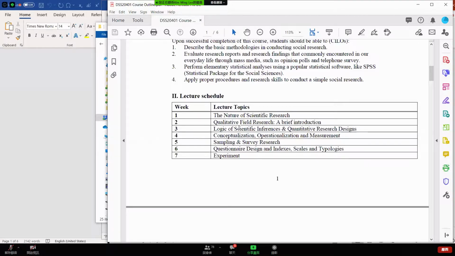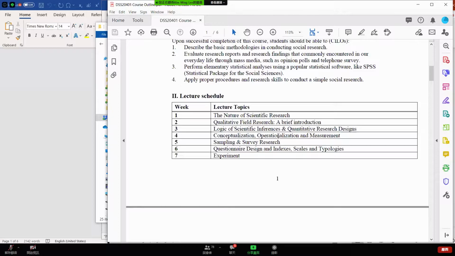And then in week 4, we will talk about conceptualization, operationalization, and measurement. That means how to come up with some concept, for example, political participation. What do you mean by political participation? When you try to clarify that term, that concept, this is the process of conceptualization.